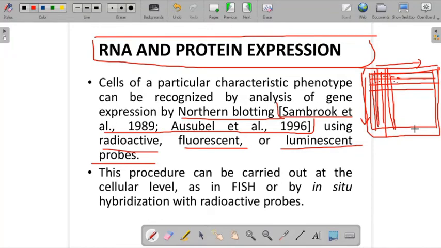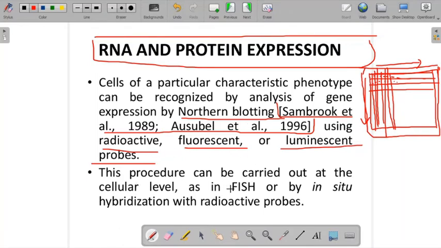Like in drug testing, after a few drug insertions in the primary cell culture, some cells change their protein expression, and we study that with the help of protein profiling, the Northern blotting technique.